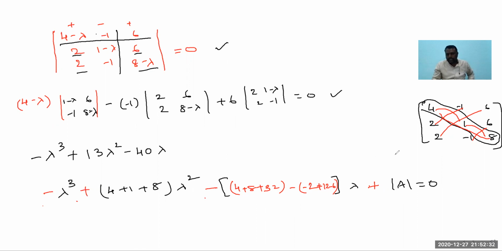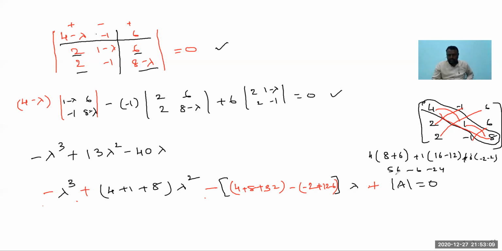Normal determinant: 4 into 8 plus 6, that is 14, 4 times 14 is 56; plus 1 into 16 minus 12, that is 4; plus 6 into minus 2 minus 4, that is minus 24.